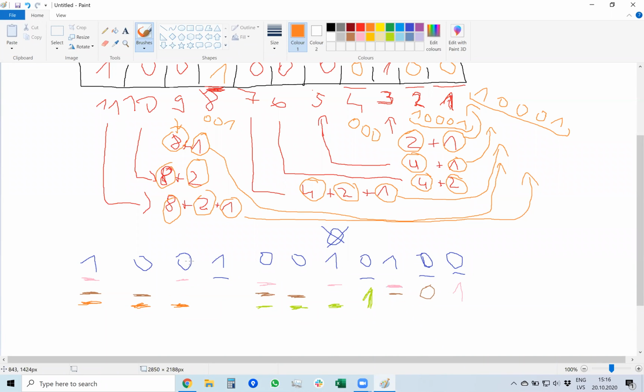So we count the number of ones. 0, 0, 1 has 1. So we need to add 1 to make the number of ones even. So we have this right here.